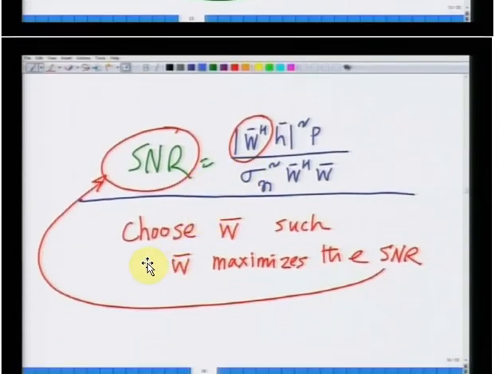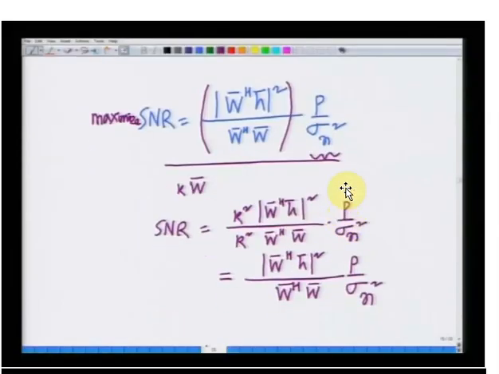Now, how to choose a beamforming vector W bar? We need to choose W bar such that W bar maximizes the SNR. So the equation becomes like this. SNR is equal to some constant value K times W bar.